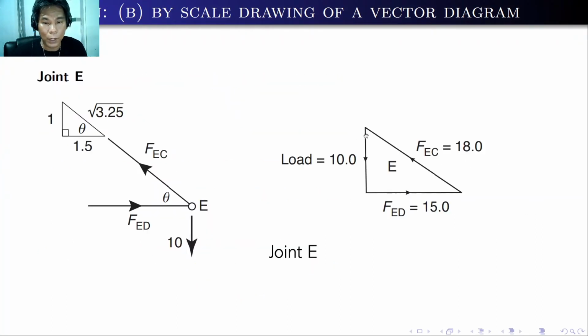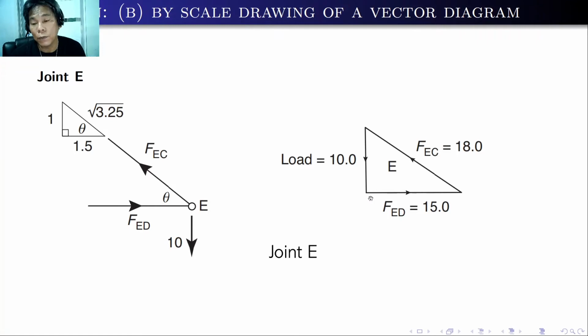So by drawing 1 centimeter down from this portion, that is 10 kilonewton, and starting at the head of the 10, you can draw the horizontal line from the head. Just copy this one horizontally going in that direction, or you can also draw it that way, because after that the second force should be applied either there. This is not possible because this should be parallel, so it should be in that direction.